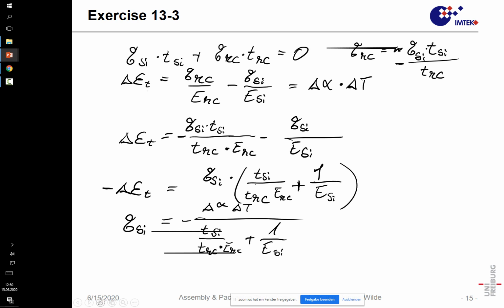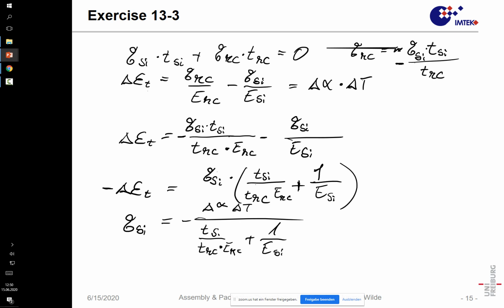Yes, so we must also regard this formula a little, because in later parts of the lecture we must come back to this. So we have a stress. It's proportional to a strain multiplied with a Young's modulus.